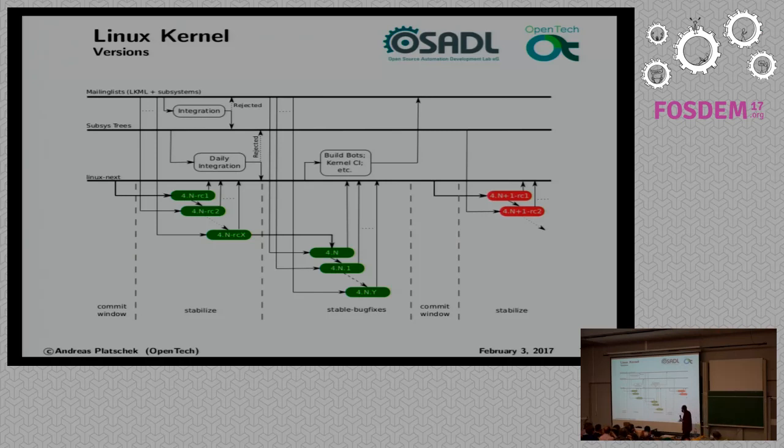How far that goes depends on whether it's a long-term stable. This can be something really big, like 80 or 100. If it's a non-long-term stable, this can be just about 10, and the version is not continued anymore. After some time, I think about 2.5 to 3 months, a new commit window is opened and the whole cycle starts over again.